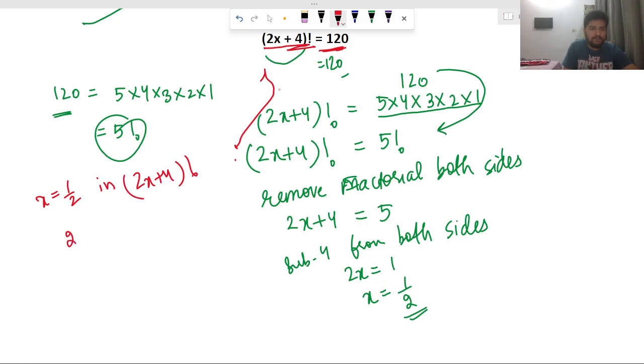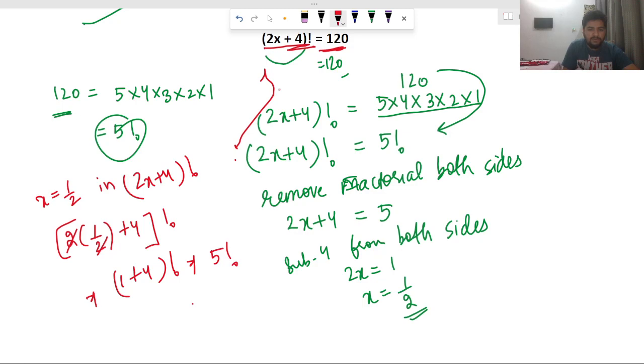So this will be (2 × 1/2 + 4)!. The 2 will cancel out 2. This will be (1 + 4)!, which is 5 factorial, and 5 factorial is 120. Hence we have verified that the value of x is 1/2.